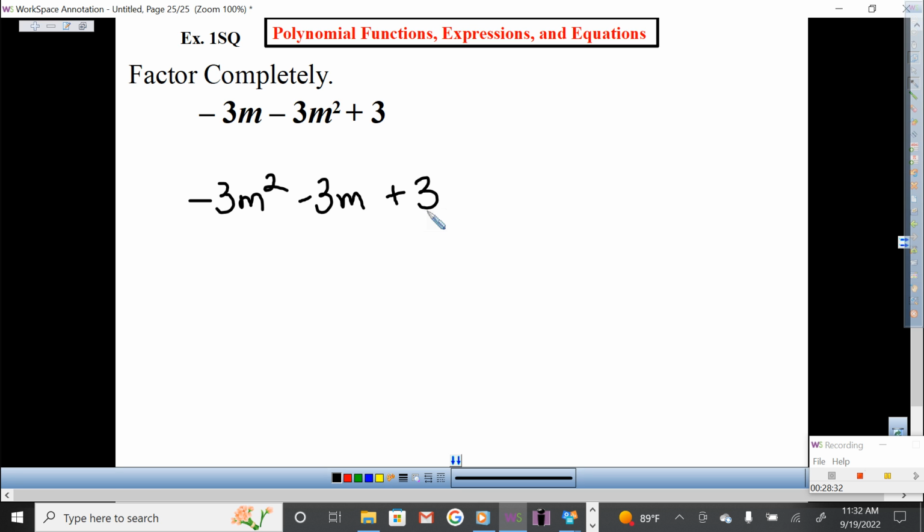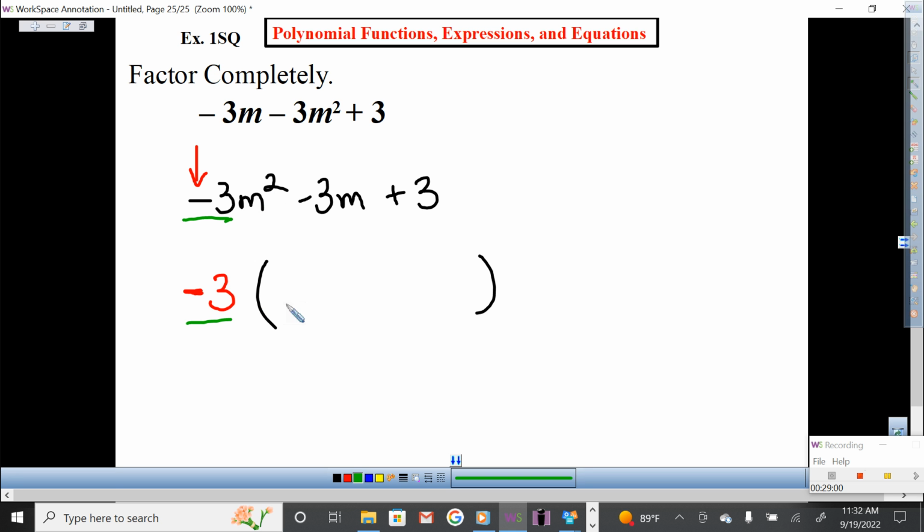GCF, is there a number that divides all 3 terms? Tell your neighbor what that is, please. 3, but we said if the leading coefficient has a negative, we're going to make it what? Negative 3. Okay. Do all 3 terms have a variable? No, so that's our GCF right there. So let's see what we have left over. What is negative 3 divided by negative 3?